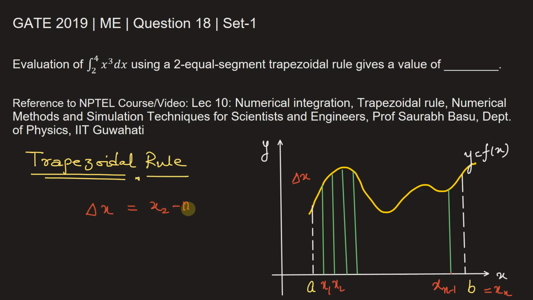So delta x is x2 minus x1, or from here we can also write delta x will be equal to b minus a divided by n. Now n here is the total number of parts, or I can also say the total number of trapezoids.